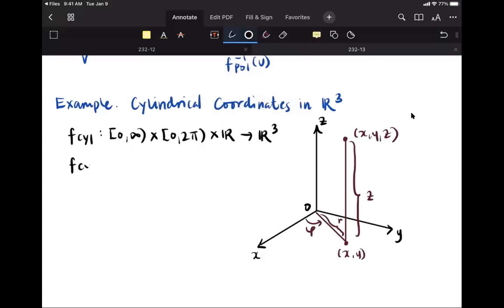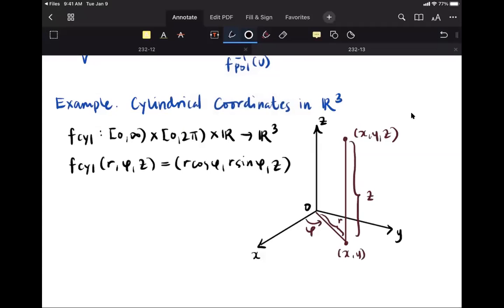So the action is the following: I have r, phi, and z. You take the polar with respect to x and y, and z is fixed.